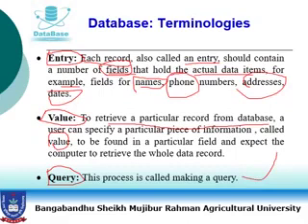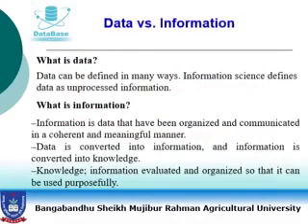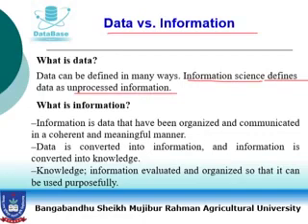Now we have to know data versus information. First of all, what is data? Data is very simple. We already discussed it many times. Data can be defined in many ways, and in information sciences data is defined as unprocessed information or unorganized data.